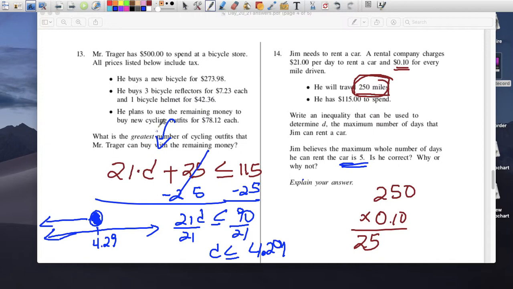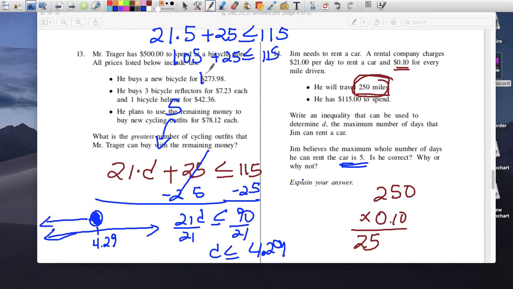So I'm going to put 5. The question says, he believes that he can rent a car for 5 days. Well, let's show what 5 days equals. It'd be $21 times 5 days, plus 25, and let's see if that is less than or equal to 115. 21 times 5 is 105, plus 25 is 130. So right there, you can tell that this would cost more than the 115 that he's willing to spend.